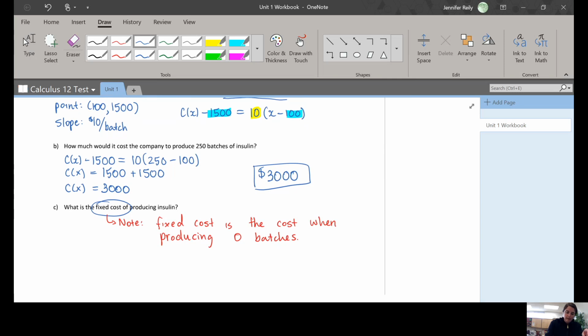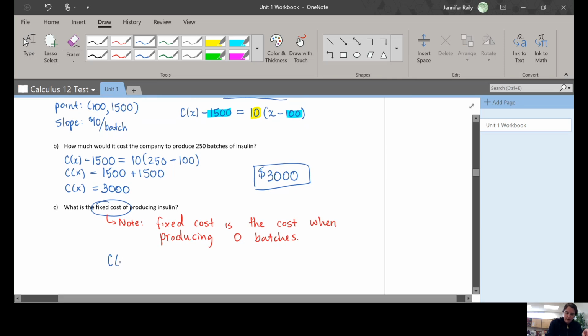So we're going to use our formula. C of 0 equals, so it would be 10, oops, I forgot the 1500 part, C of 0 minus 1500 equals 10 times 0 minus 100.